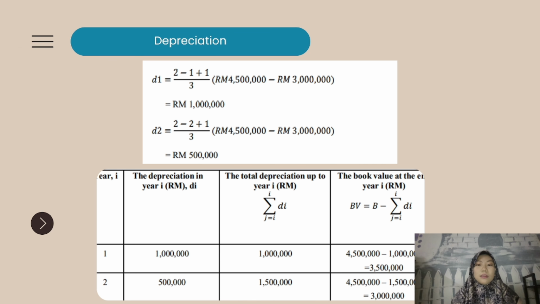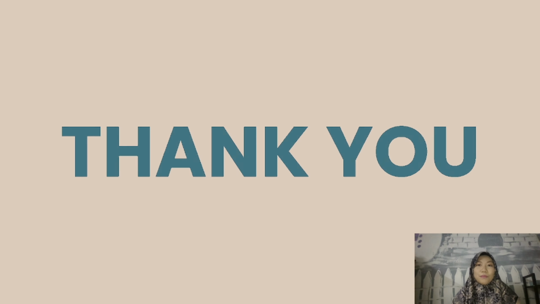For the second year, we subtract the total depreciation from the value of the crane: 4.5 minus 1.5 million, so we get 3 million. So 3 million is the cost of the crane that we get when we sell it, based on the years we use our crane. So that's all from me. Thank you.